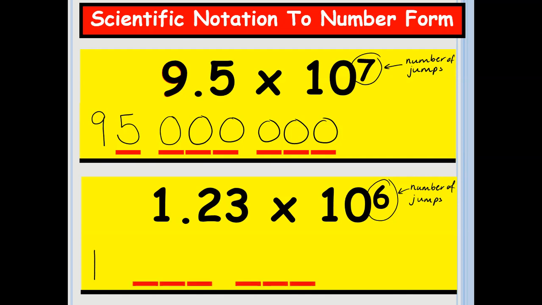And I'm going to draw those jumps in before I do anything. I'm then going to go back to my original number. Beside my 1, I've got a 2 and a 3. So in my answer, I'm going to write a 2 and a 3. And then the remaining spaces, I'm going to fill out with zeros.